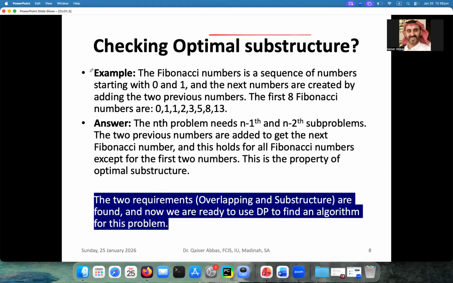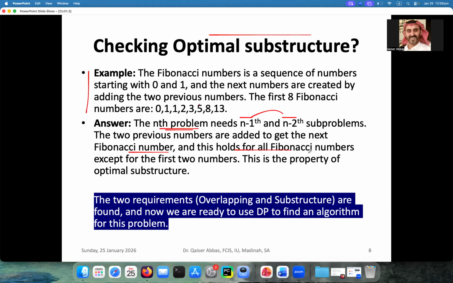Now, for the same example of Fibonacci, we know that we can calculate the nth number in this problem by using the previous two terms, n-1 and n-2. When we add them, we will get the next one.